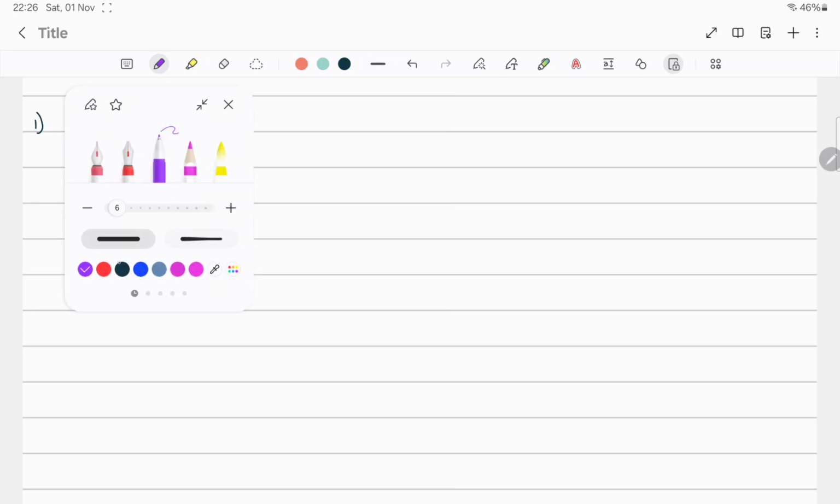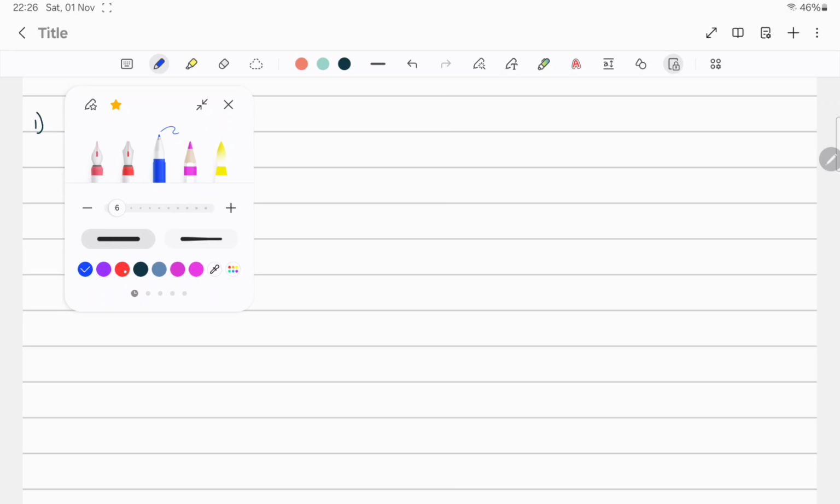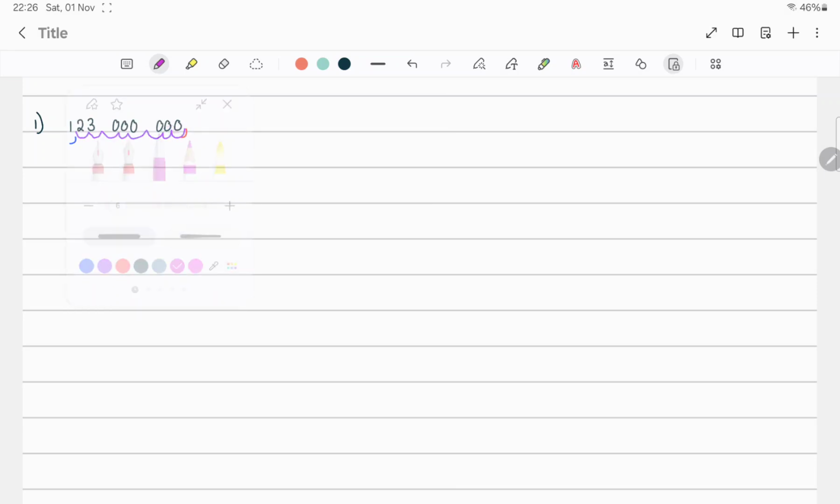So now our comma is right where it should be. But by how many places did we move the comma? If we count, we moved it by 1, 2, 3, 4, 5, 6, 7, 8 places.